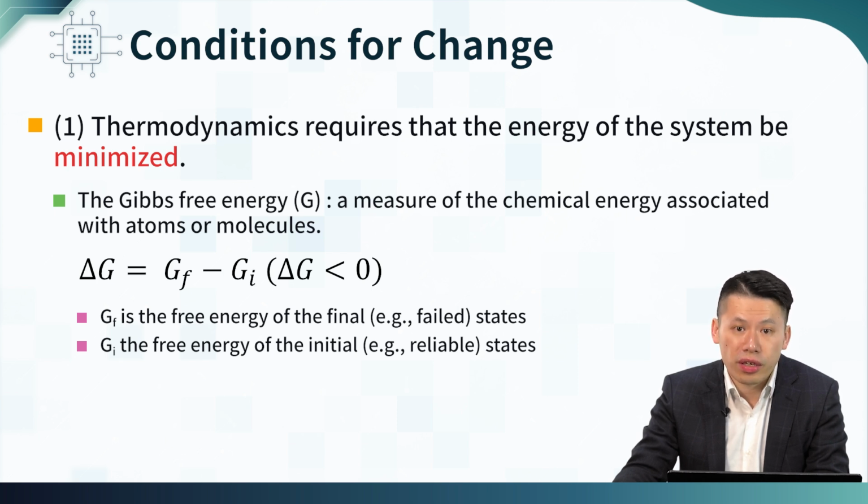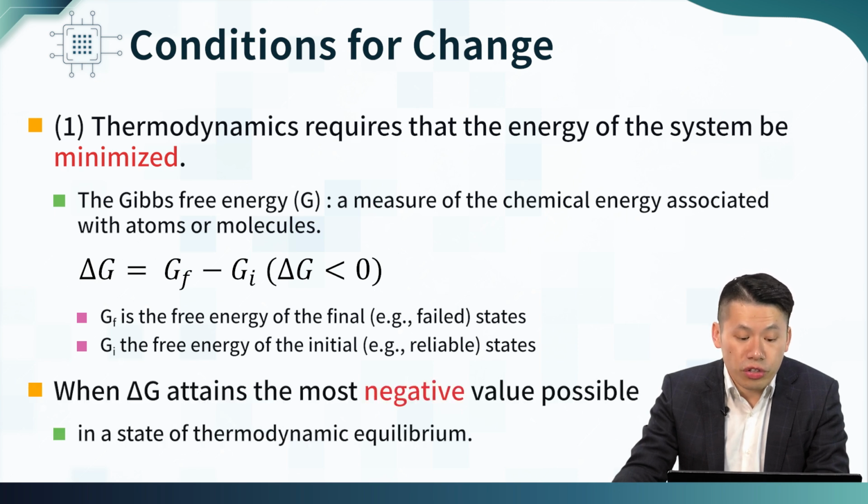Delta G is equal to G_F minus G_I, where G_F is the free energy of the final state, for example the failed state, and G_I is the free energy of the initial state, for example the reliable state. And delta G prefers to approach the most negative value possible, because this is the case in which the system can reach the state of thermodynamic equilibrium.